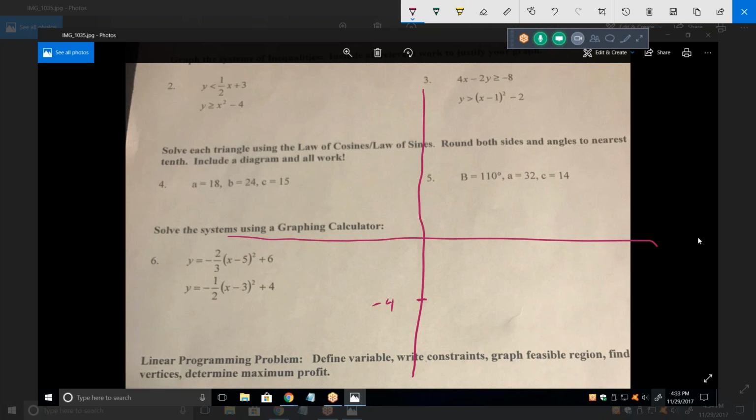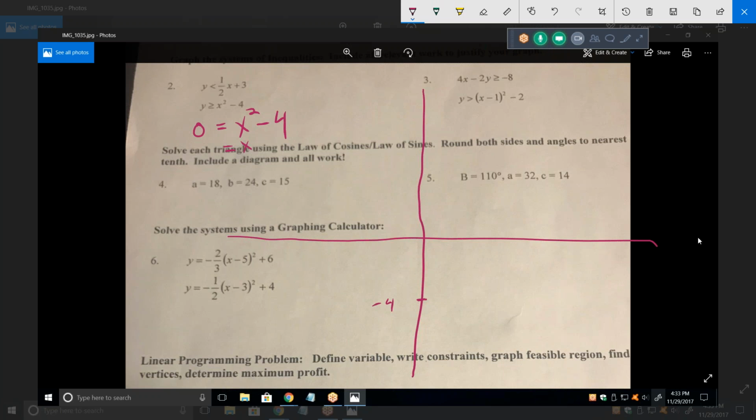And the way you solve it is you solve this. Because remember, y is always 0 when you're on the x-intercepts. So solve that equation for x. Okay. What is x equal to?